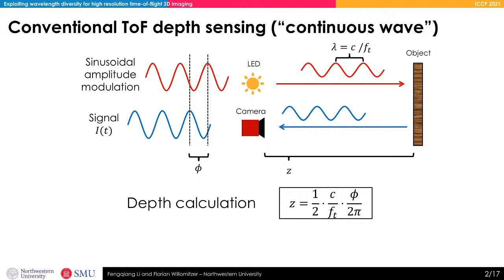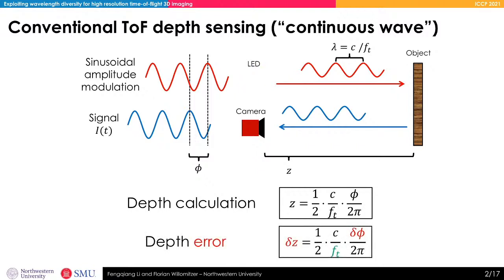Of course, you also make an error in the phase estimation, and this error basically defines the depth error of your measurement. As you can see, the depth error is inversely proportional to the frequency, and this is already the basic recipe to reduce the depth error. Go to higher frequencies f.